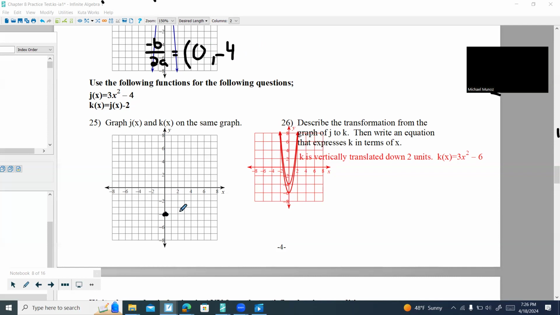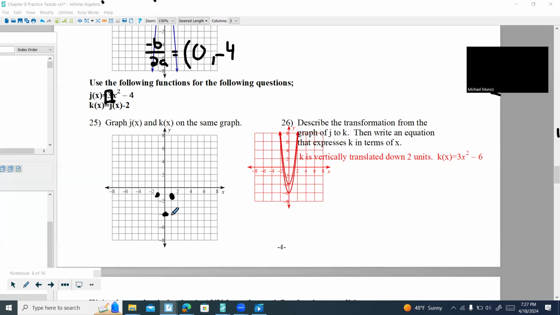We have that dot, and then since there's a 3 here, I'm going to take my number times 3. So 1 times 1 is 1, but 1 times 3 is 3, so I'm going to go right 1, up 3. Same thing on the other side. 2 times 2 is 4, but then we have to take that times 3, and 4 times 3 is 12.